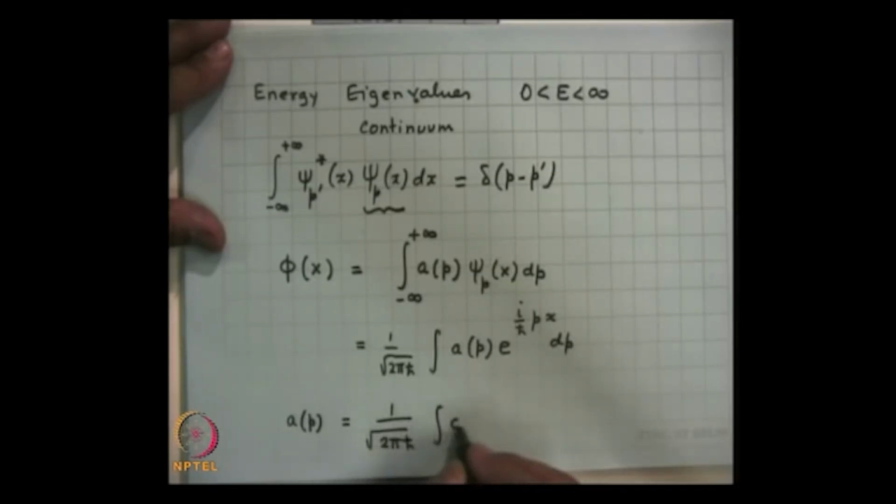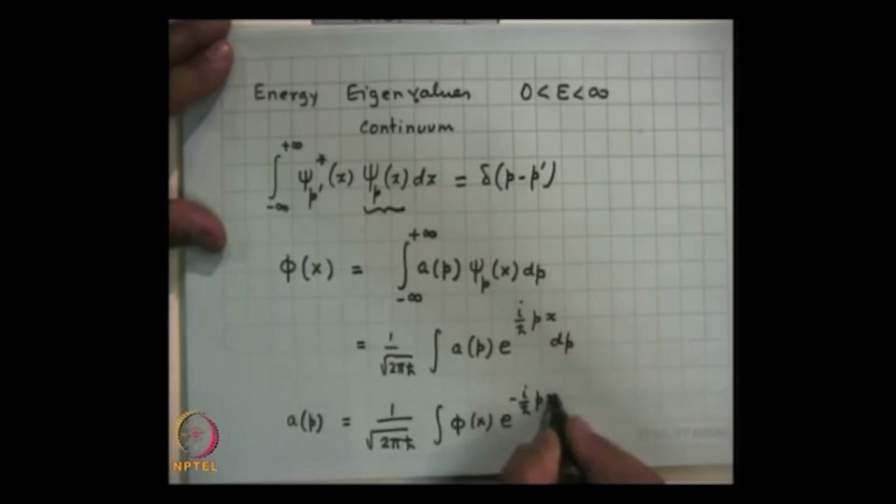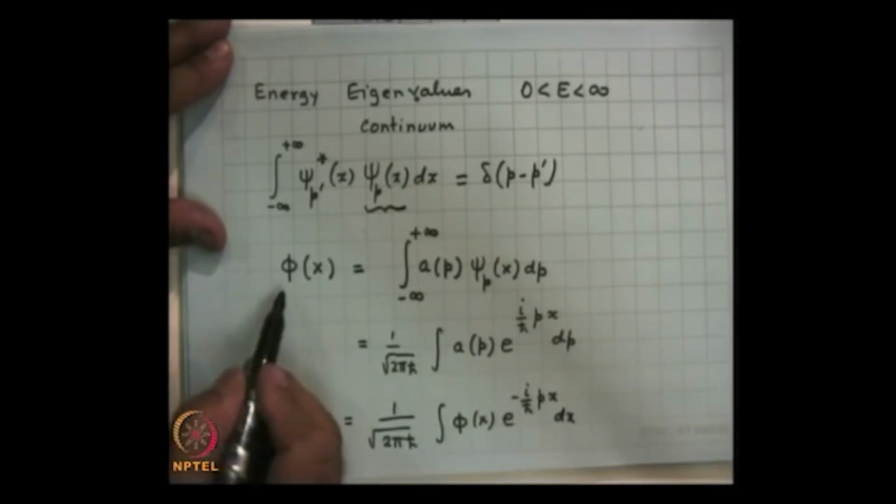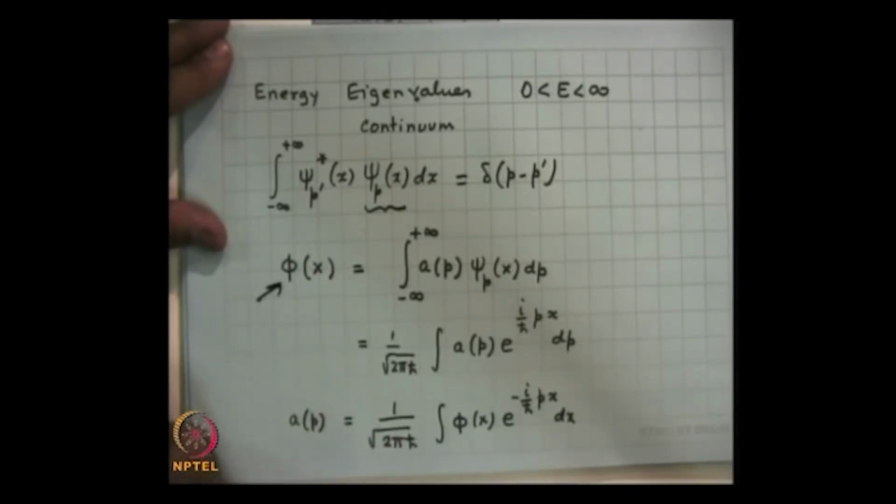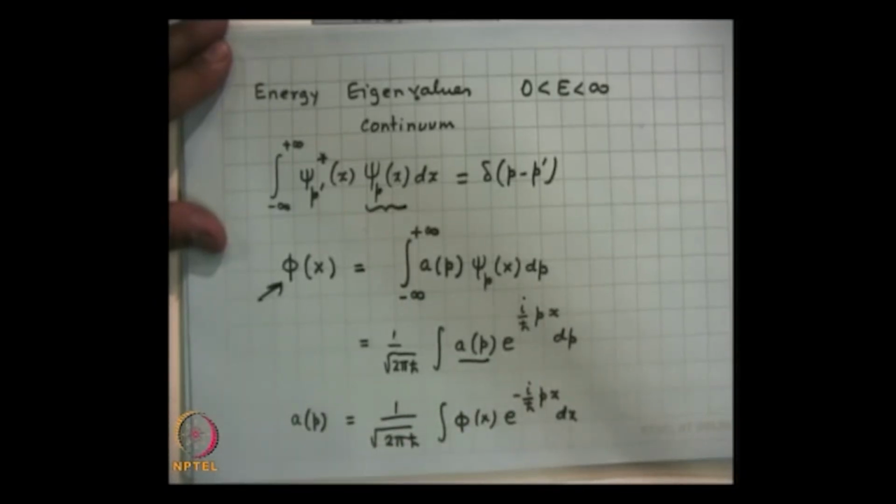This will be the integral of phi of x e to the power of minus i by h cross p x dx, with all limits from minus infinity to plus infinity. So, for any well behaved function phi of x, I can always make this expansion, because I can always find a of p by carrying out the inverse Fourier transform.